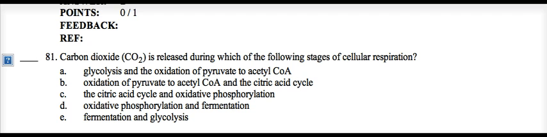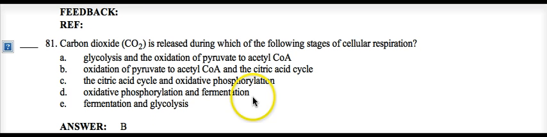So the answer is B, oxidation of pyruvate to acetyl-CoA, which is the intermediary step between glycolysis and the Krebs cycle, and the Krebs cycle, the citric acid cycle. You definitely need to know both terms, by the way, because a lot of books still use the Krebs cycle.